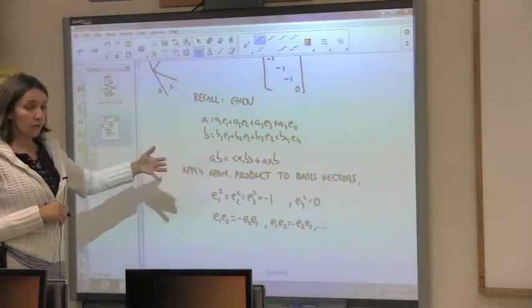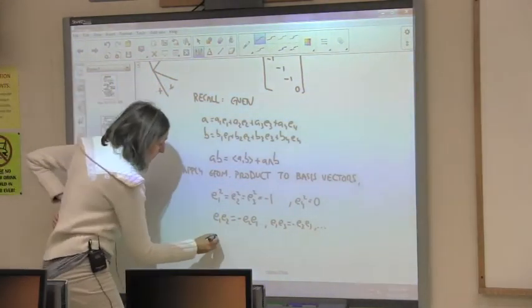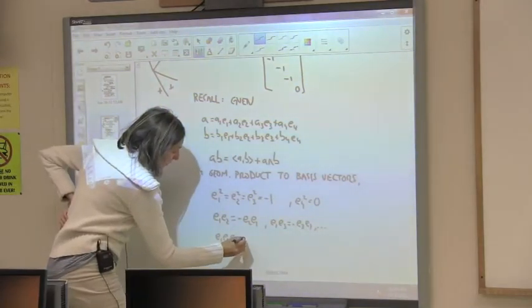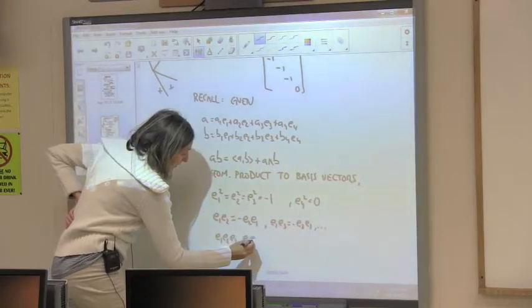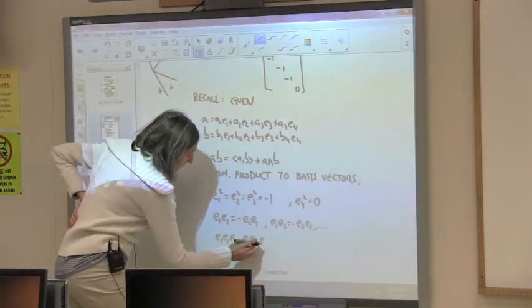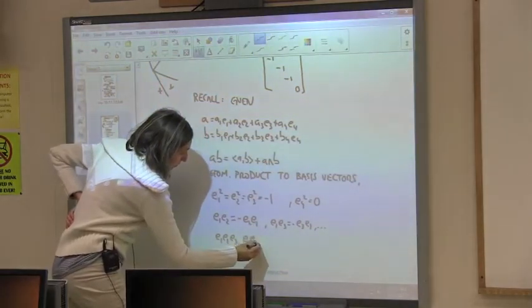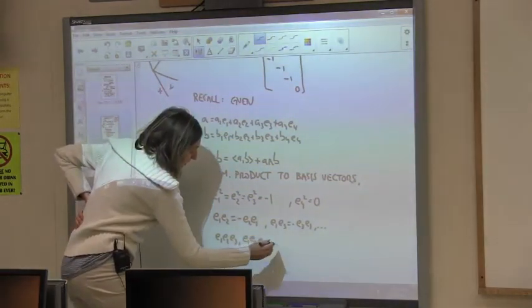And then we can multiply 3 by 3, E1, E2, E3, E1, E2, E4, E2, E3, E4, and so on.